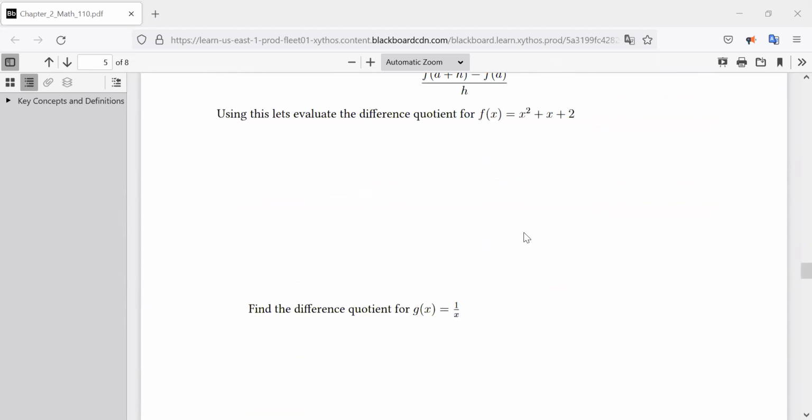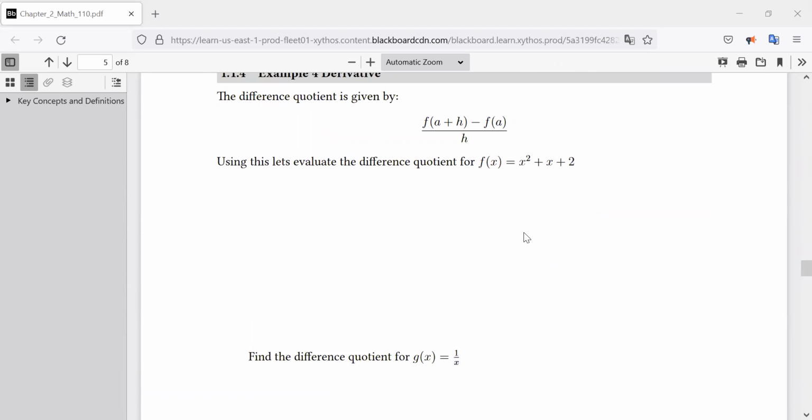So the difference quotient, like I said, I mentioned this at the start of the class. If you guys are going on to take calculus, this is how we define the derivative. And the derivative is kind of at a given moment how fast something is changing.